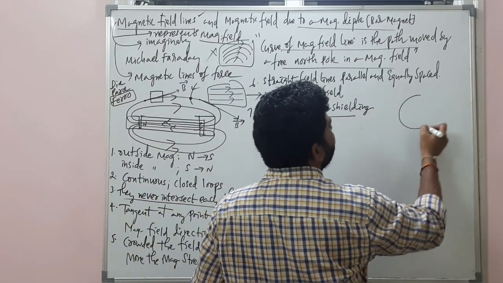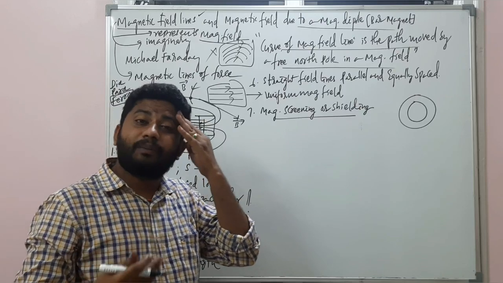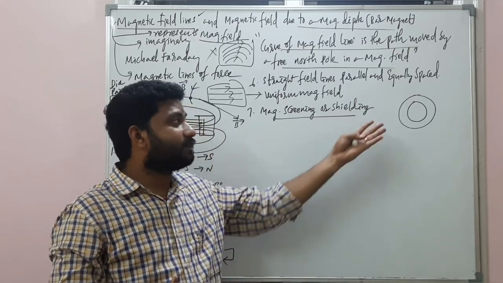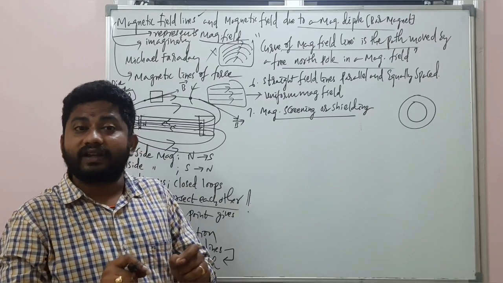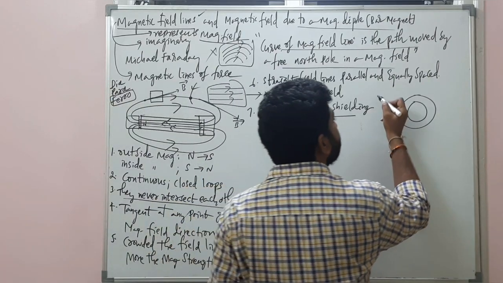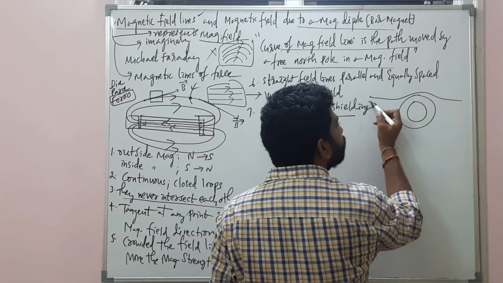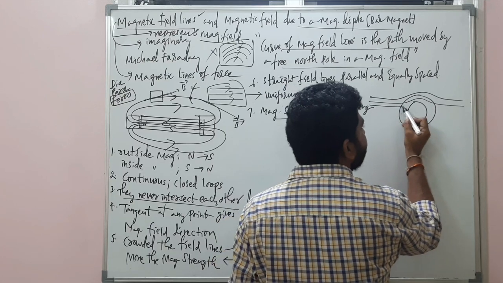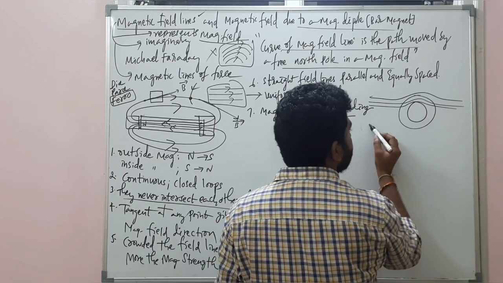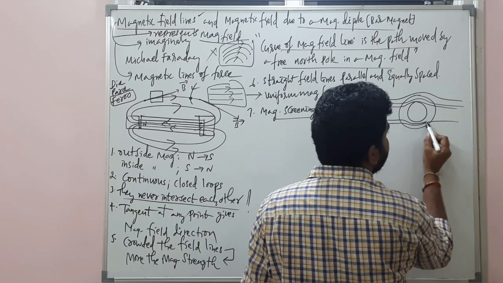Let's consider an iron or ferromagnetic substance or ring placed in a magnetic field. You know how the magnetic field lines will rearrange. See here, the magnetic field lines tend to pass through this ferromagnetic substance.